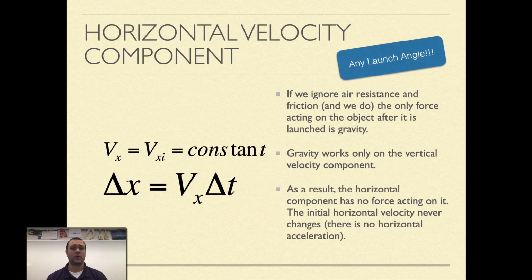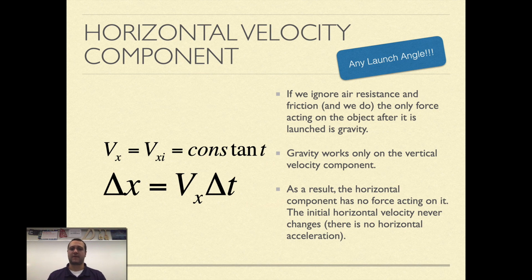This is the lone horizontal formula that we have for projectiles, because we ignore air resistance and we ignore wind and we ignore any air friction, right? Which truly means that the only force that we get is gravity, which is a vertical force, not a horizontal force. Because of that, forces cause objects to change their motion.